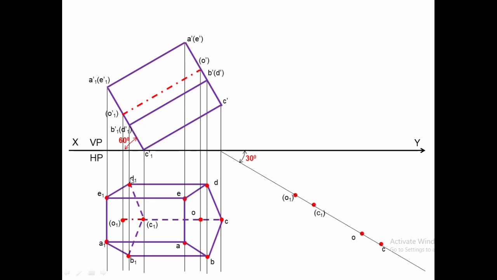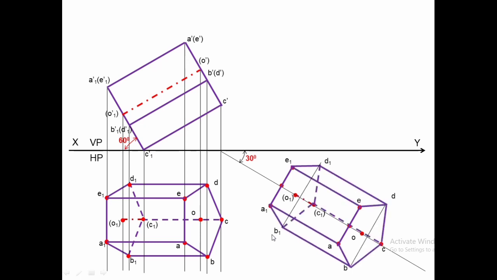Draw these edges like A1, E1, B1, D1, see all these things, which is perpendicular to this axis. Join them as it is being drawn here. You are reproducing this figure over here by making the axis inclined at an angle of 30 degrees to VP.